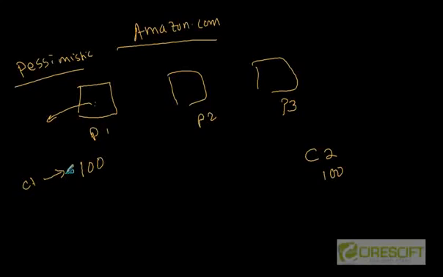Now let's say while customer C1 is still browsing other products and is not yet ready to buy, customer C2 sees this and likes it and wants to buy. That means some update is going to happen in the product table.